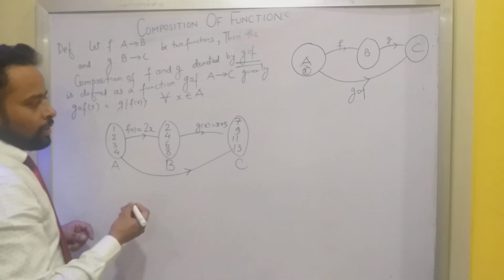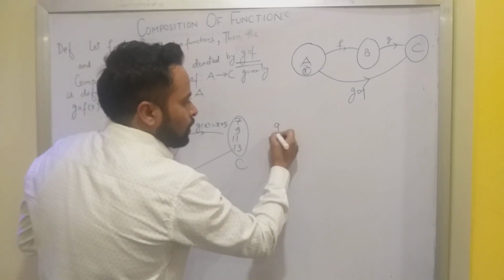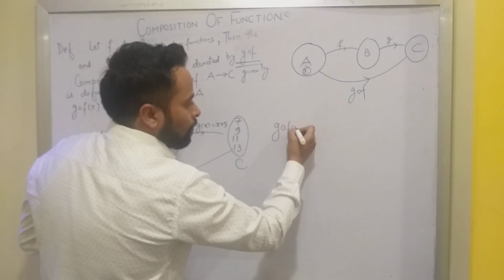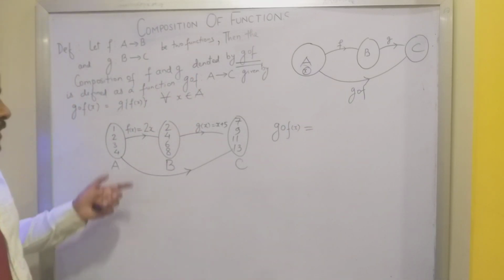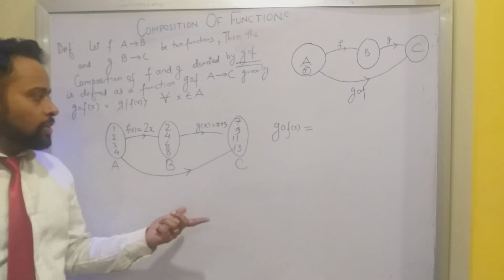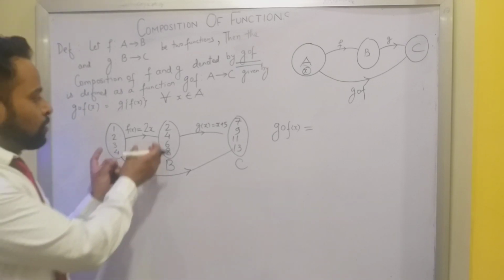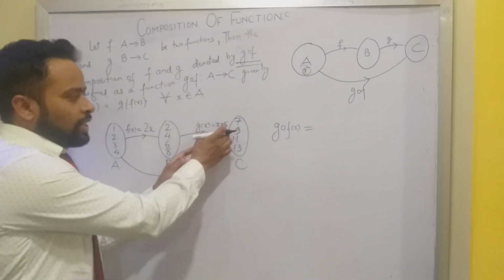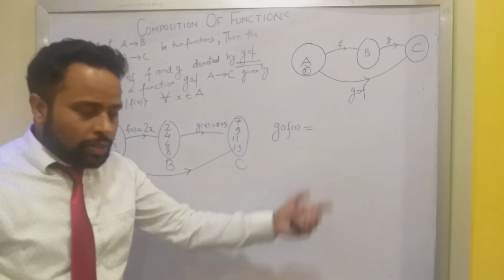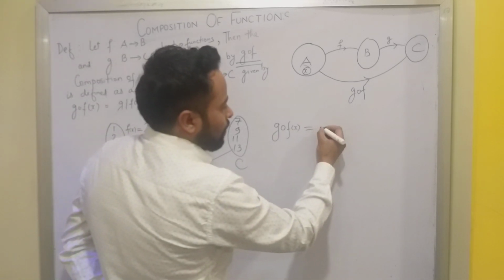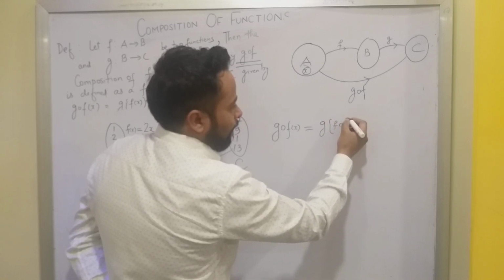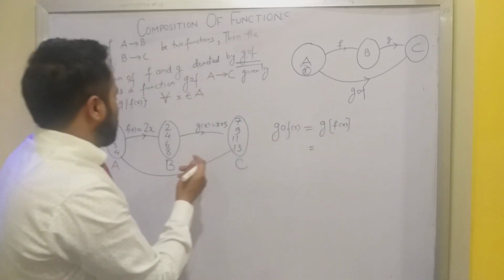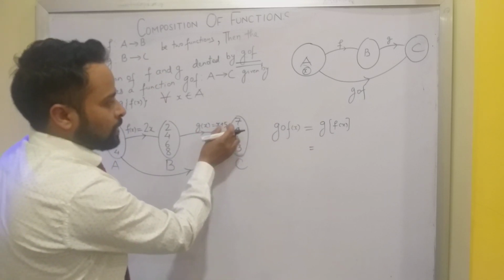Now let us check gof of x. gof is also a special function made by the composition of f of x and g of x together. So what is that function? We will find it out. gof of x is g of f of x. What is g of x? g of x is x plus 5.